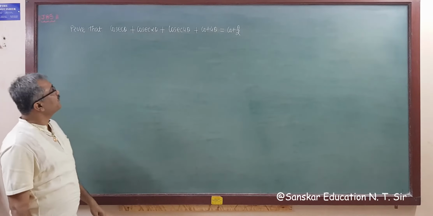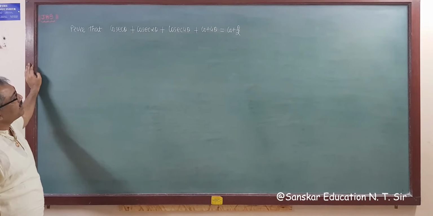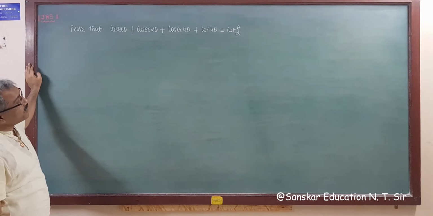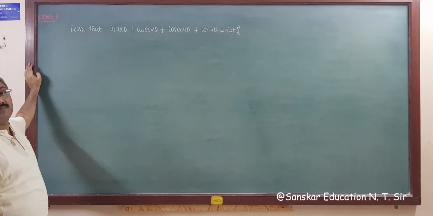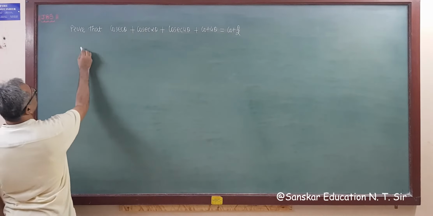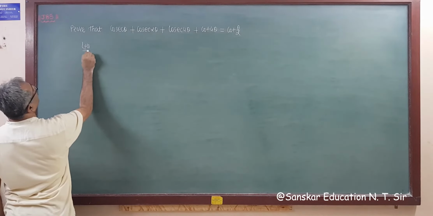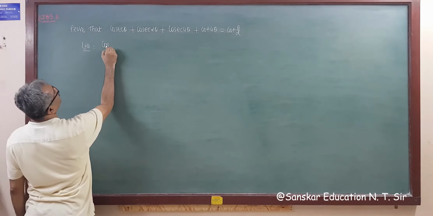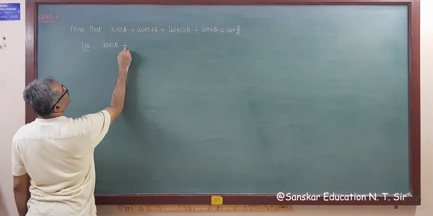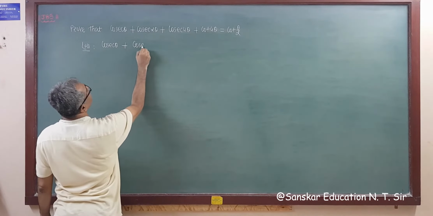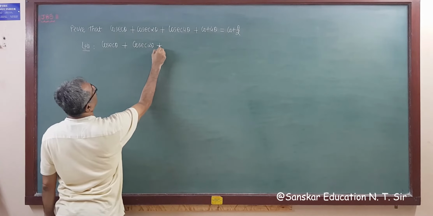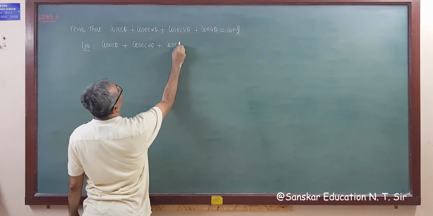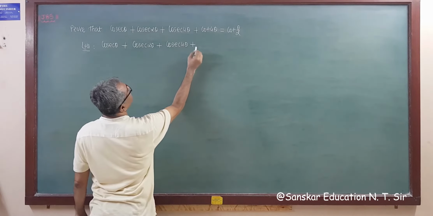So the next question is: prove that cosec theta plus cosec 2 theta plus cosec 4 theta plus cot 4 theta is equal to cot theta by 2. So observe the left hand side, what you get and what you want to prove. So this is given.